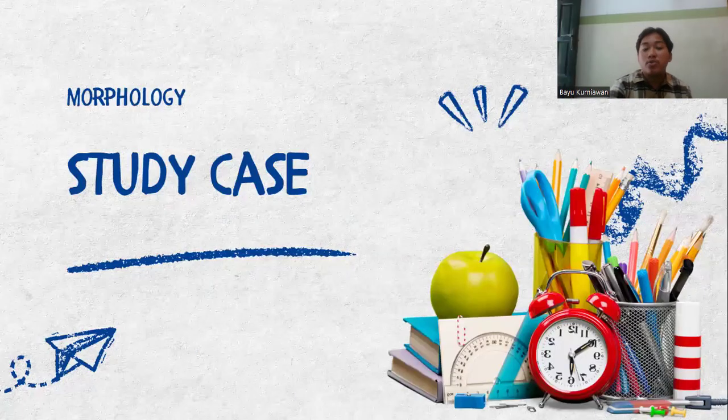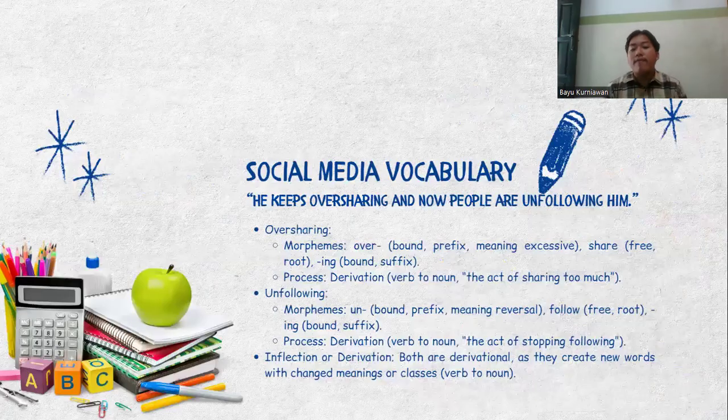Next one is a case study. Social media vocabulary: he keeps oversharing and now people are unfollowing him. Oversharing: morphemes: over, a bound prefix meaning excessive; share, the free root; ing, a bound suffix. Process: derivation, verb to noun, the act of sharing too much.